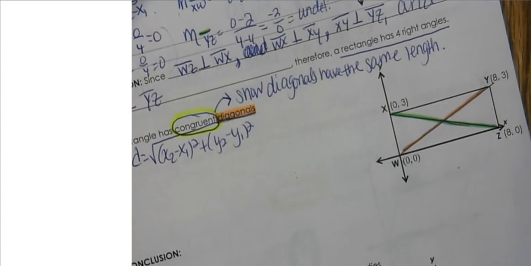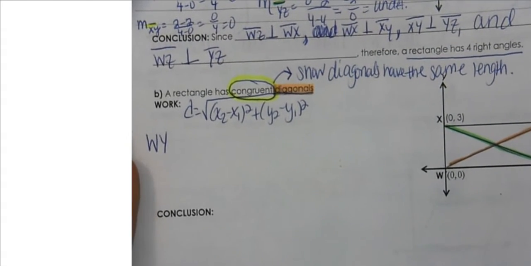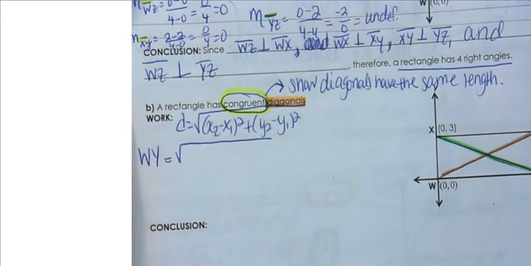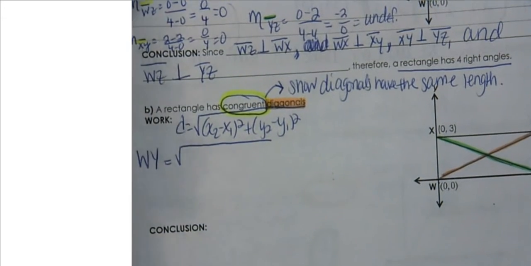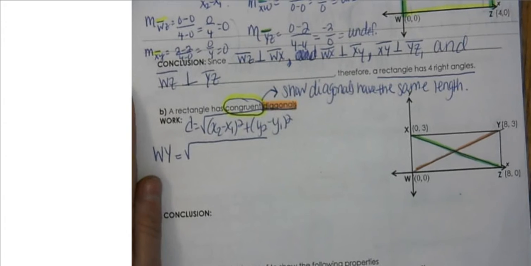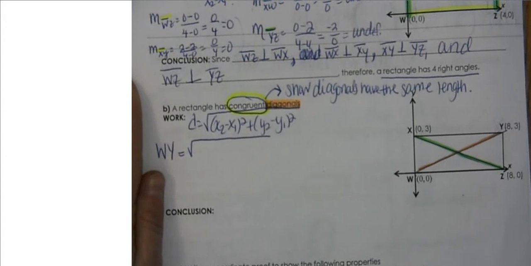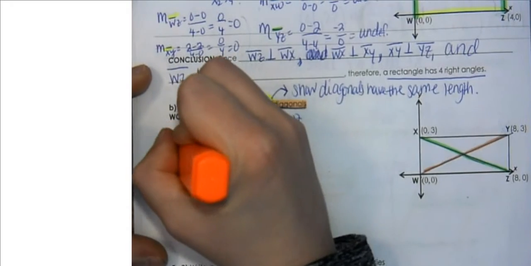All right, so let's go ahead and look at the length of our orange one. So that's WY. And I don't have a line above it because I'm talking about distance. So WY is equal to the square root of, and if it helps to label X1, Y1 and X2, Y2, go for it. If it doesn't, then don't worry about it. So I'm working with WY, and that is the orange segment.